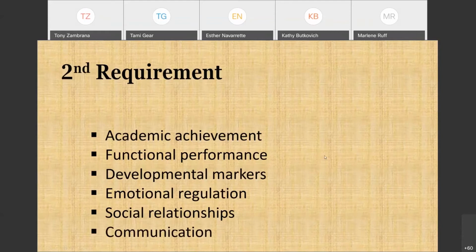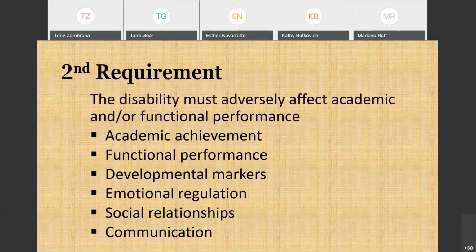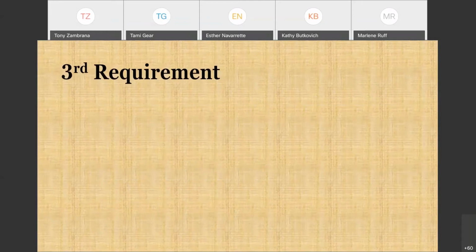So first, do they have a disability? Second, does it affect one of these areas? It must adversely affect academic and or functional performance, one of these areas. Okay, that's our second requirement. So third requirement, and again, in order to be eligible for special education, they have to meet all three requirements.